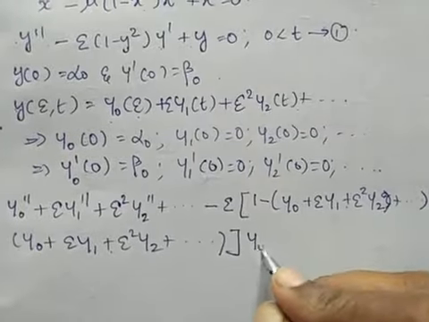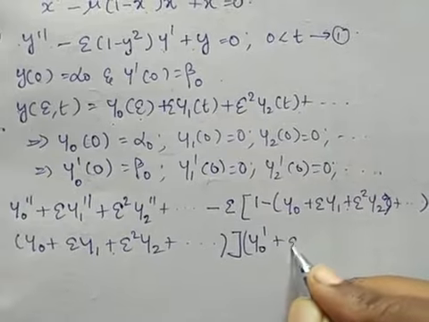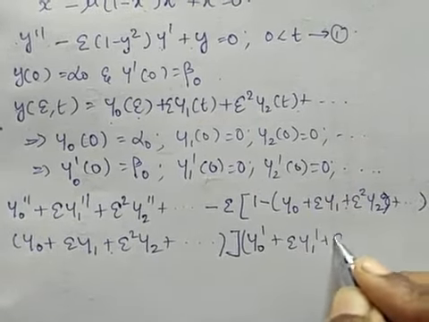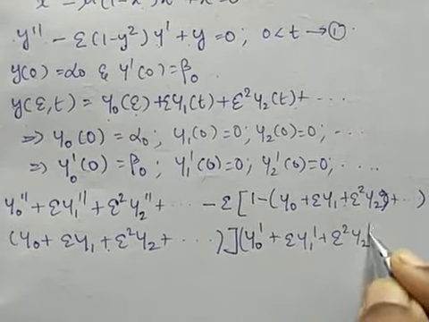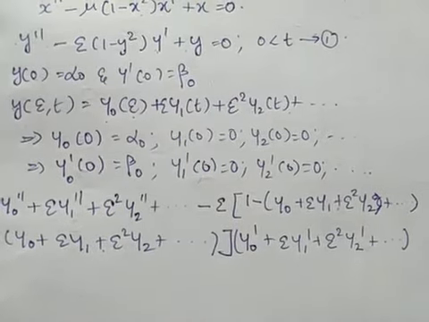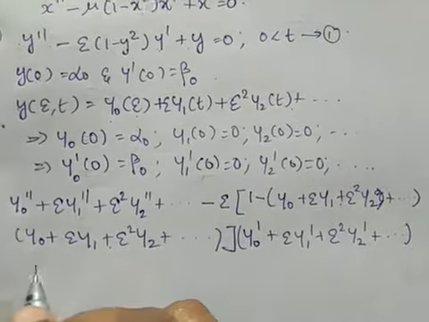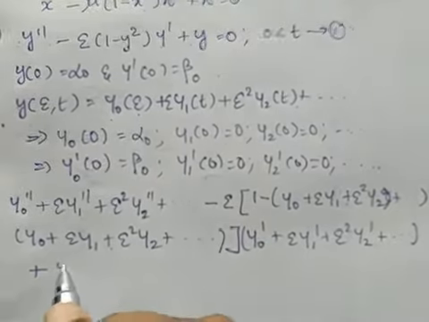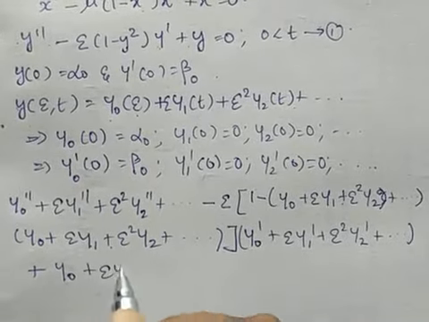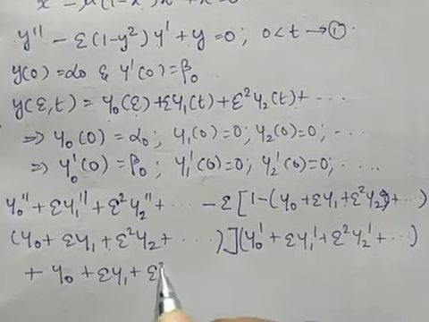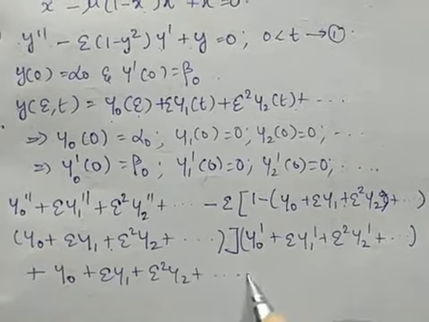Y dash is y0 dash plus epsilon y1 dash plus epsilon square y2 dash etc. Then we have y also, y0 plus epsilon y1 plus epsilon square y2 etc.